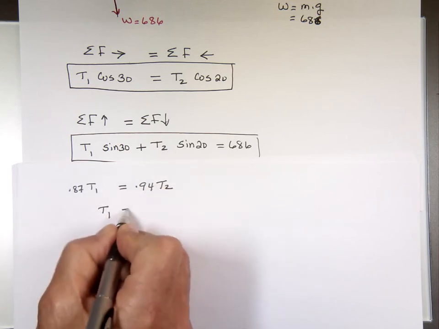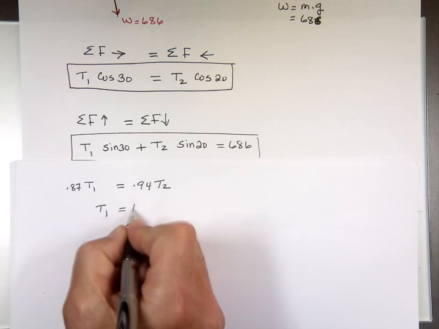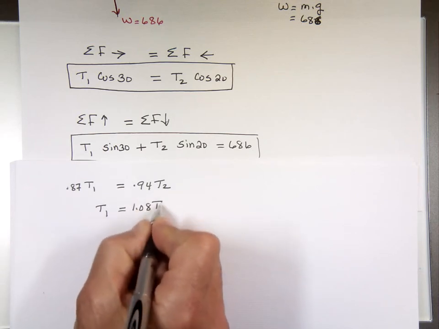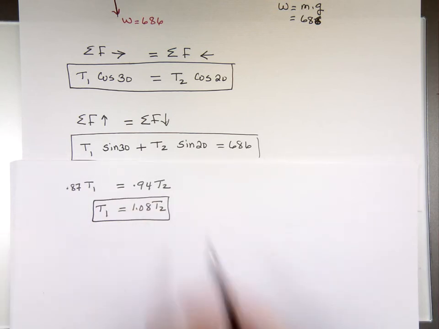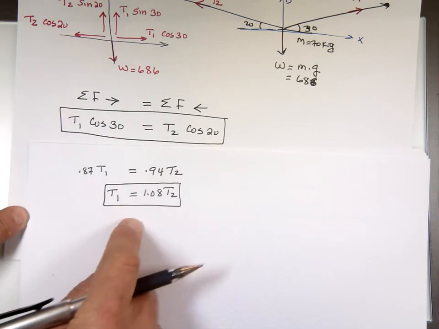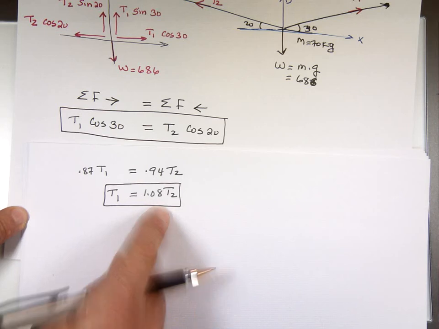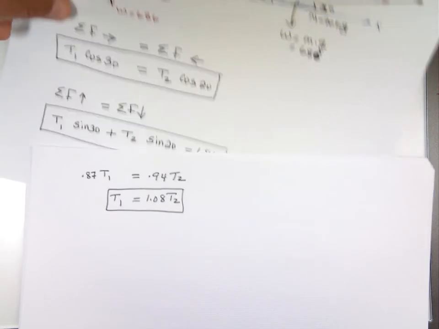You divide by 0.87, 1.08. So that tells me they're not equal. That's from equation 1. If you just use your calculator and solve for T1, you end up with that one. I divided both sides by 0.87. So then you just plug in. I'm going to go to this one now.